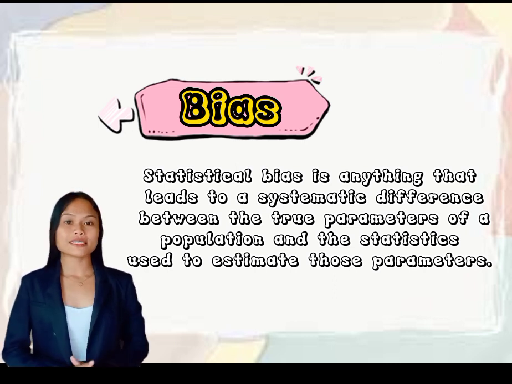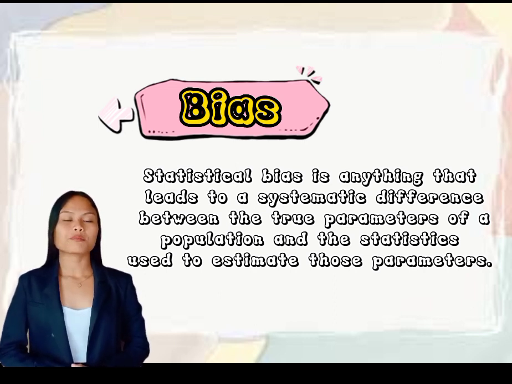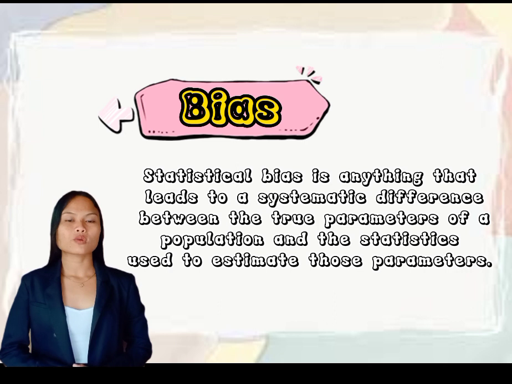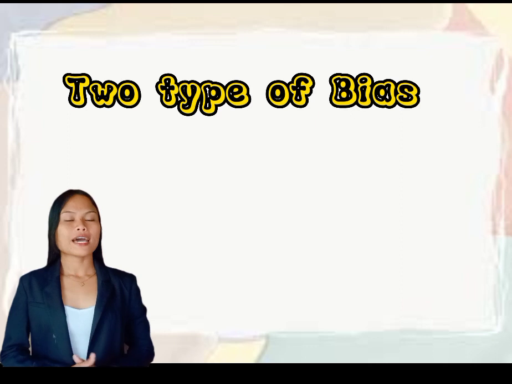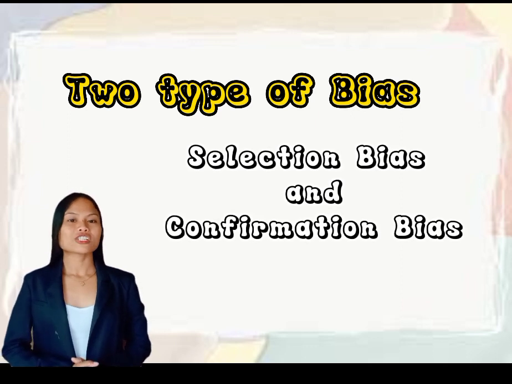To give an example, imagine that there are 10 people in a room and you ask if they prefer grapes or bananas. If you only surveyed the 3 females and concluded that the majority of people like grapes, you've demonstrated sampling bias. We have two types of bias: selection bias and confirmation bias.